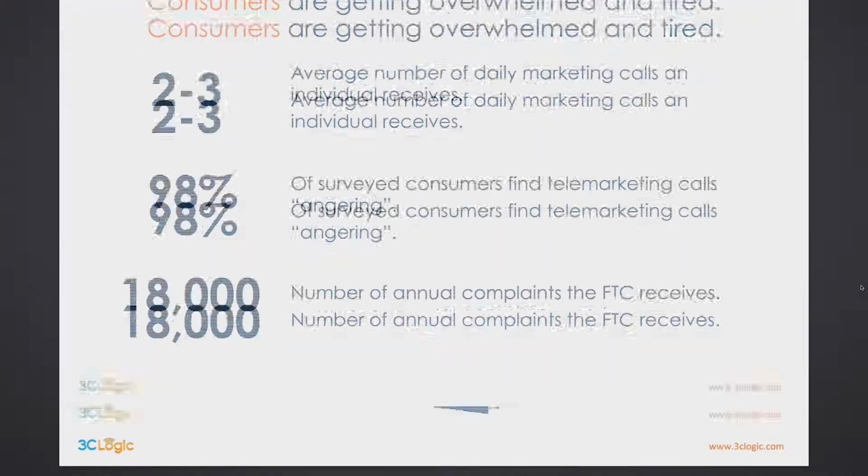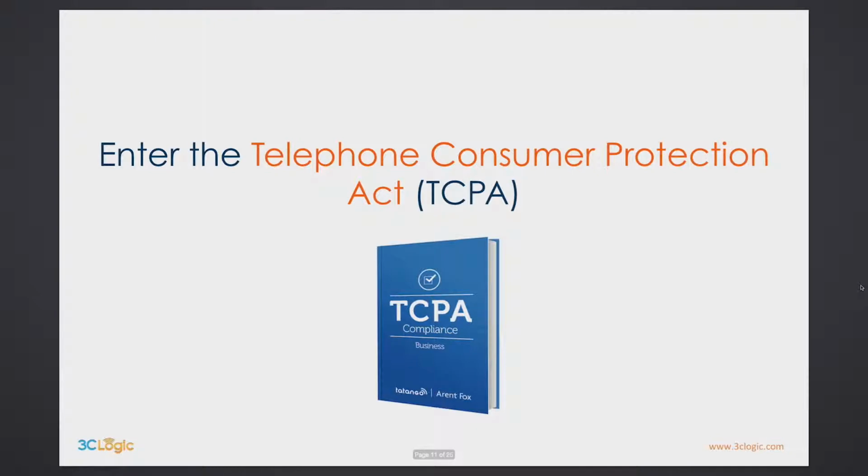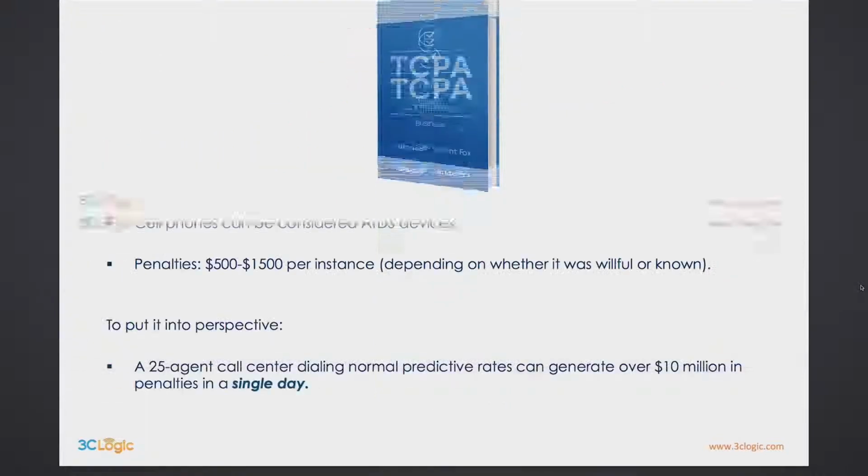that we've had government involvement in this industry. The primary form of government involvement is the TCPA, the Telephone Consumer Protection Act. It's actually a set of laws enacted by the government, by the Federal Trade Commission and the Federal Communications Commission, that regulate exactly what we're allowed to do in the contact center space when calling consumers.